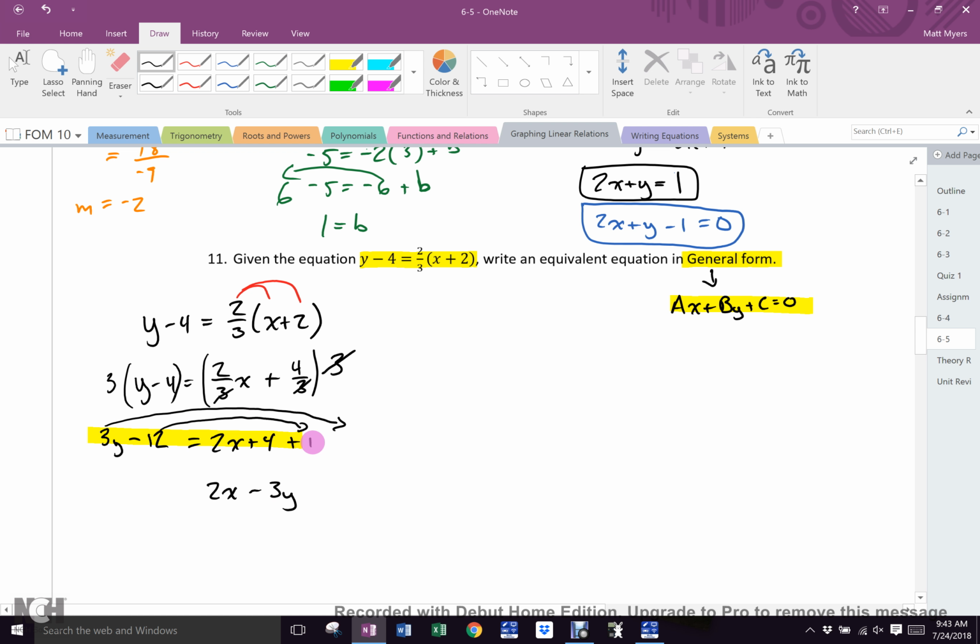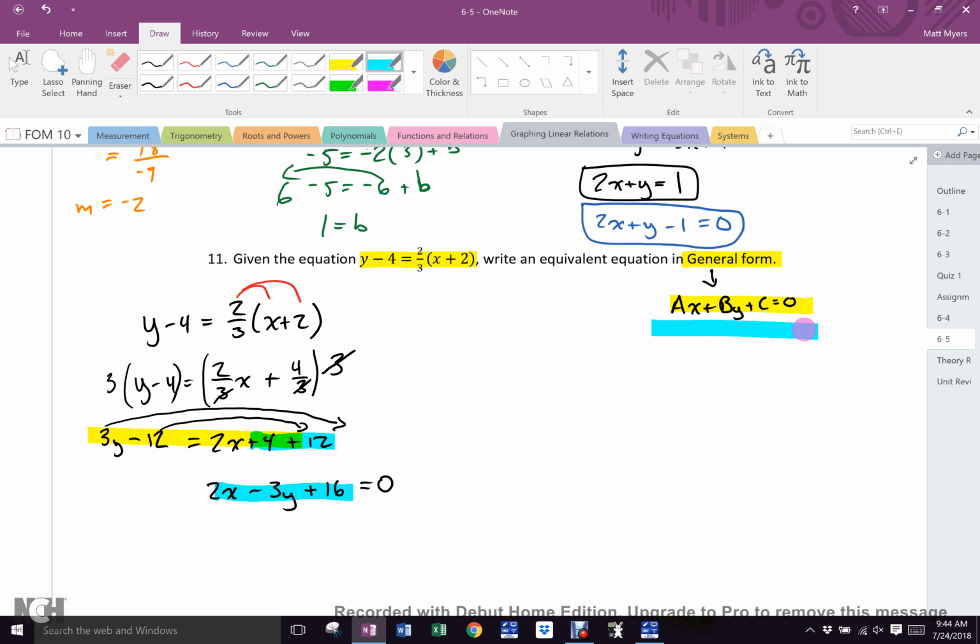It becomes positive 12. Now I've got these two numbers. What do I do with them? Adam, what's 4 plus 12? And what does all that equal? 0. Now, does that look like that? And I'm done.